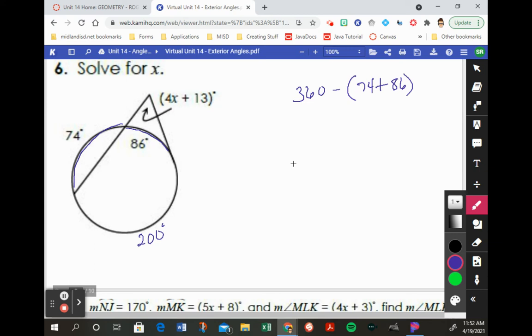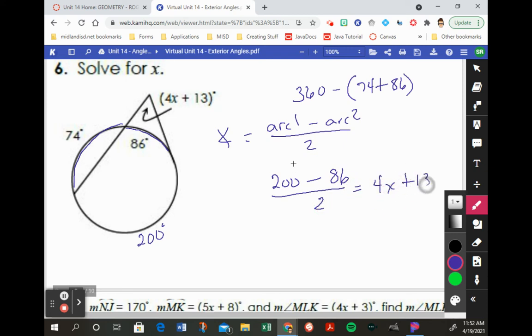Same formula. Angle equals arc 1 minus arc 2 divided by 2. Arc 1 is 200 minus arc 2, which is 86, divided by 2, equal to 4x plus 13.